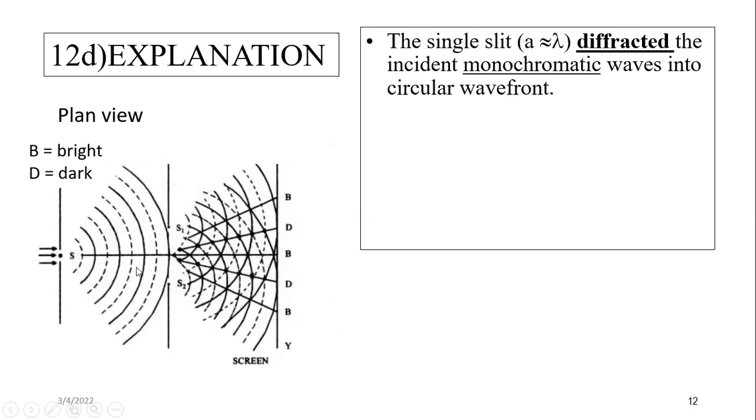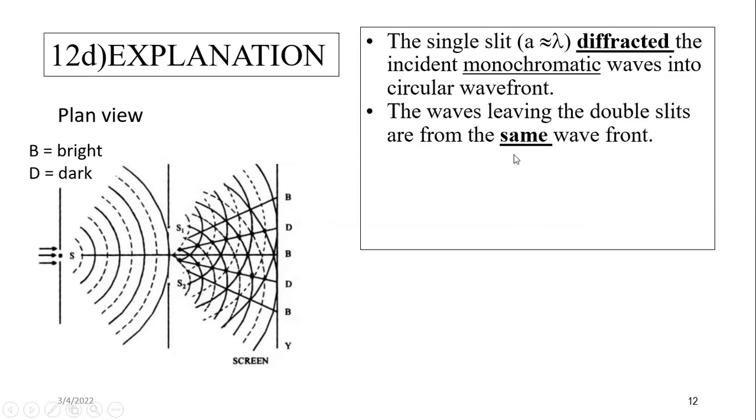So the purpose of the single slit is to diffract the incident monochromatic waves into circular wavefronts. The waves leaving the double slit are from the same wavefront, known as division of wavefront. That's how we get them to be coherent. That means point source S1 and point source S2 are coherent.